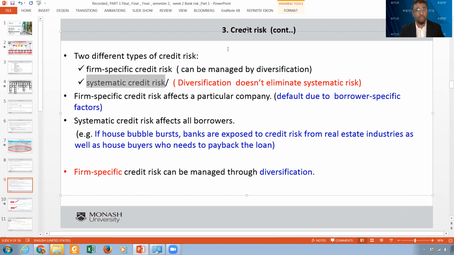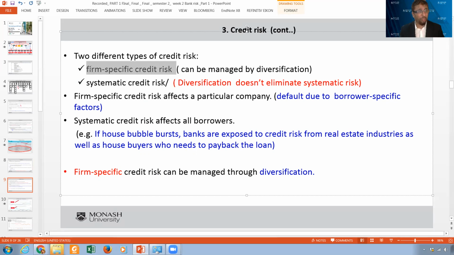Everything stopped. They cannot pay the loans back. Not because AirAsia has a problem, but because the market is not there, they cannot sell their services. They cannot transfer people. They cannot fly. And this is why they cannot pay. So this is what we call systematic credit risk.